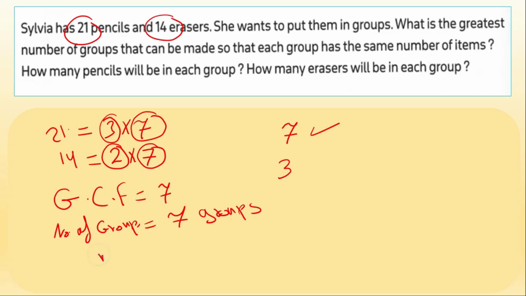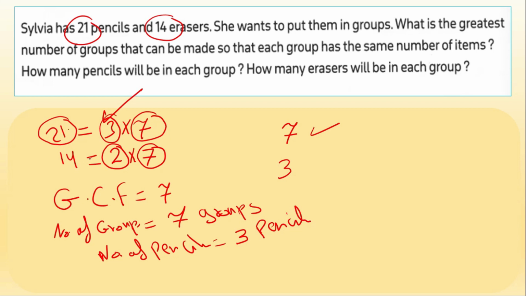The number of pencils: 21 was the total, so the rest here is 3. We already took 7 as the common factor, so the rest is 3, which is the number of pencils in each group. And the rest for erasers is 2, so 2 erasers.